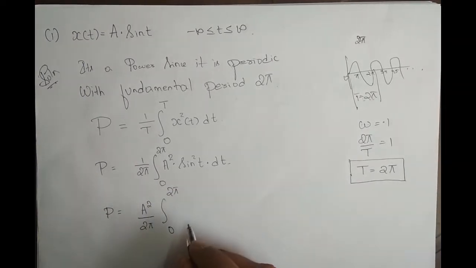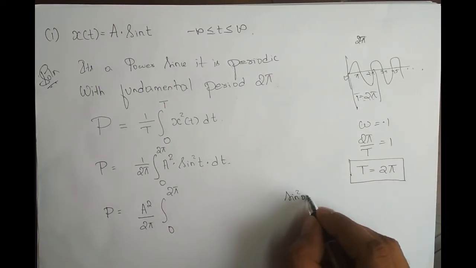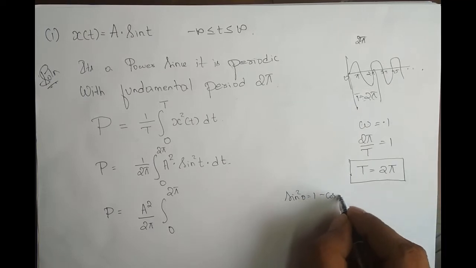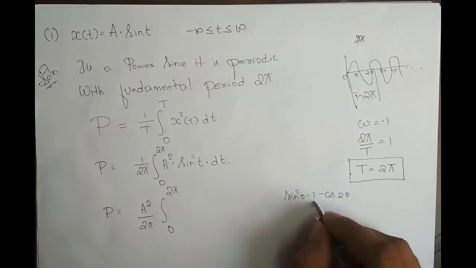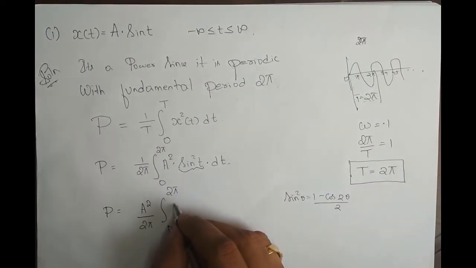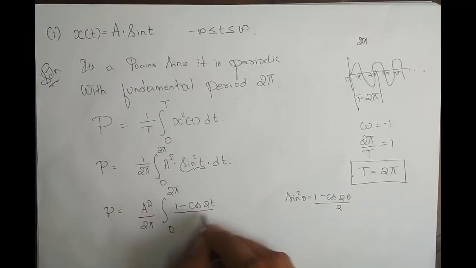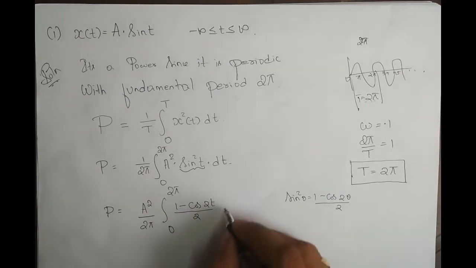What is sine square theta? Sine square theta is 1 minus cos 2 theta divided by 2, right? So instead of sine square t, I'll write 1 minus cos 2t divided by 2 times dt.